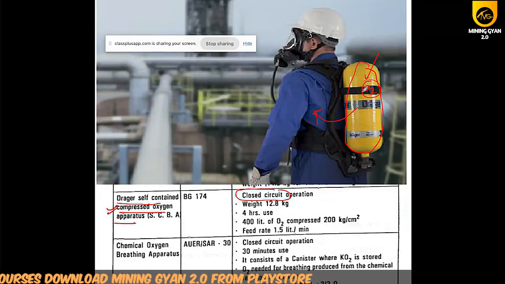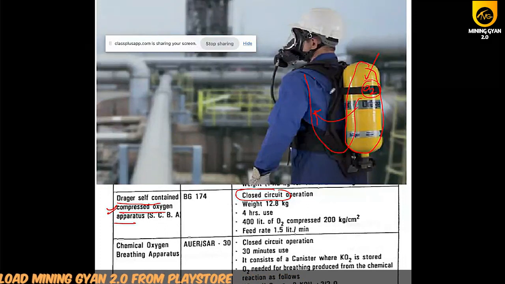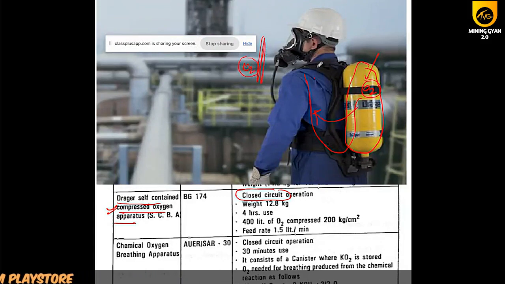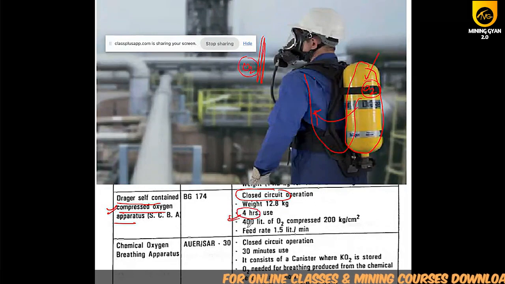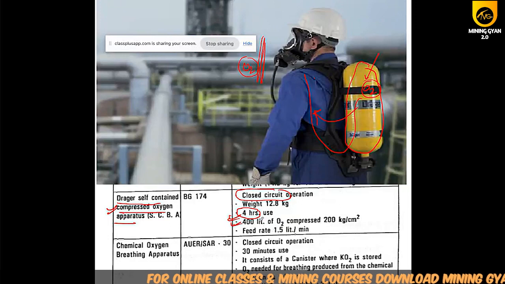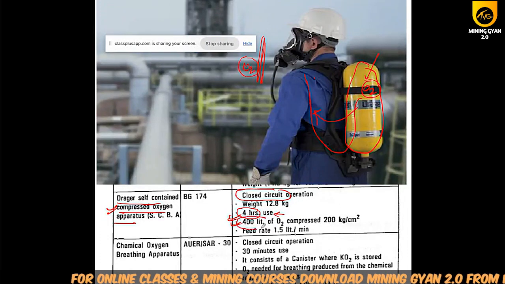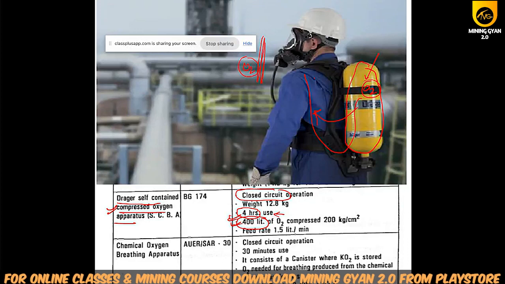It is closed circuit, so you don't take oxygen from outside, because the ventilation system of your mines has collapsed. In that situation, you use the Draeger self contained compressed oxygen apparatus. It is closed circuit, and it works up to 4 hours. Since the timing is more, you can store more oxygen, approximately 400 liter. And the feeding rate, as we have seen in the normal situation, is up to 1.5 liter per minute.